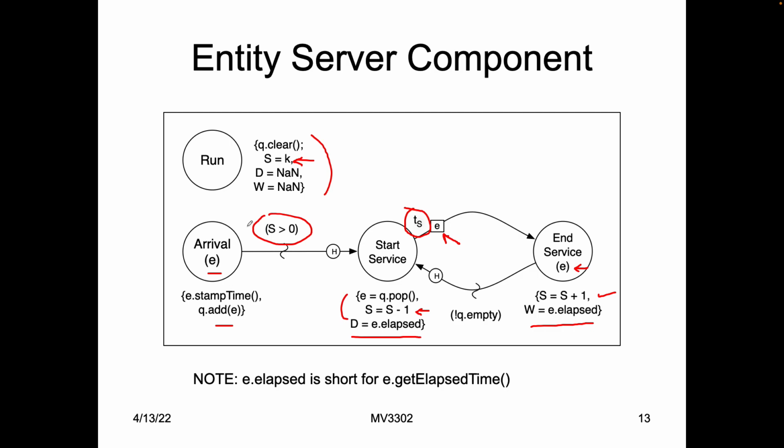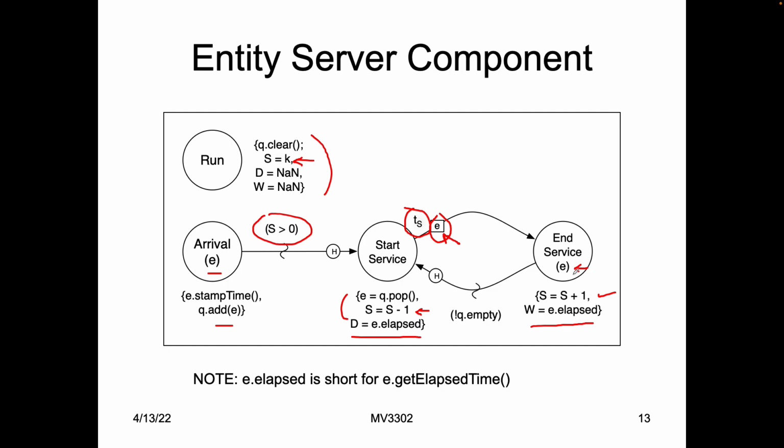And so even in a non-first in, first out system, if we have more than one server, remember that customers could pass each other. And if that's the case, because we are passing this entity to the end service event, when the end service event occurs, its argument is the entity that completed service. And so the elapsed time is the time in the system for that entity.